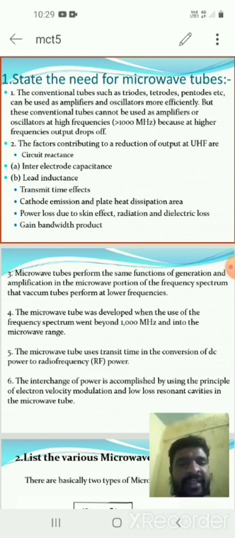These are the factors affecting signals above 1 GHz.